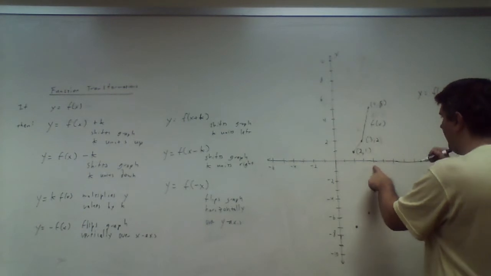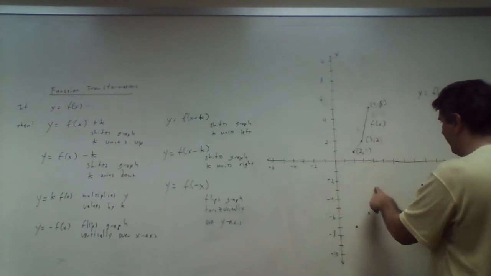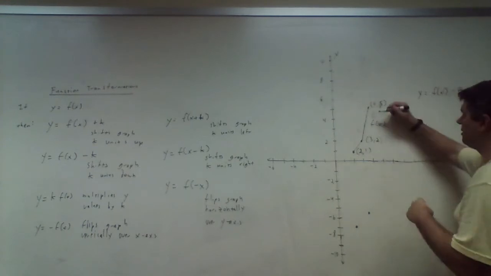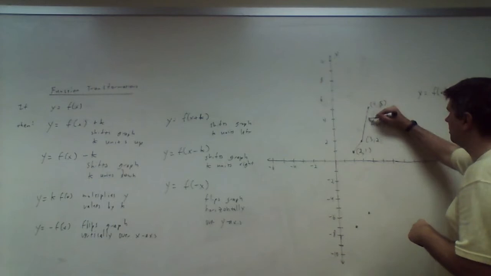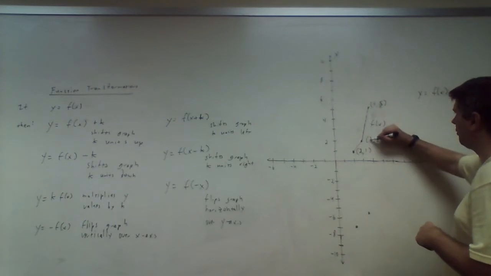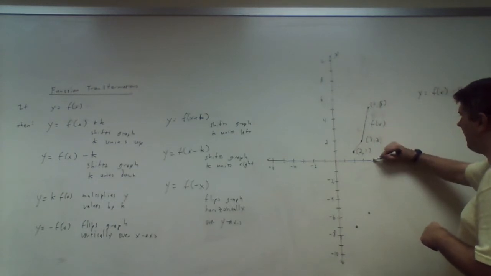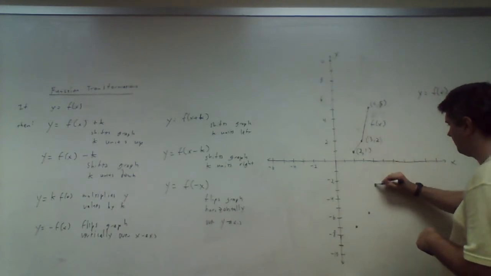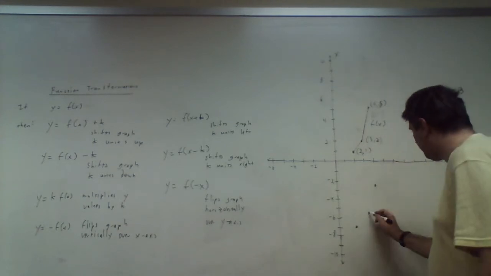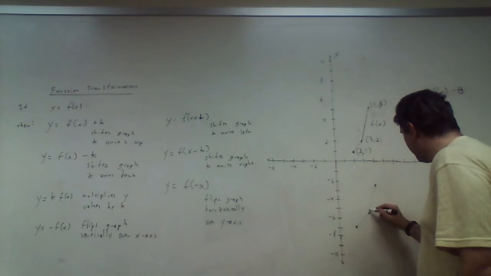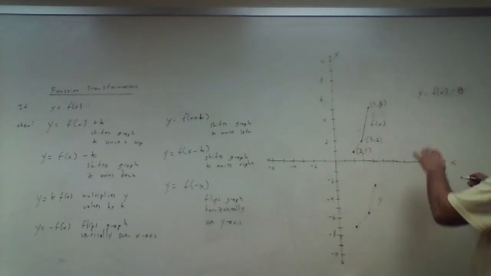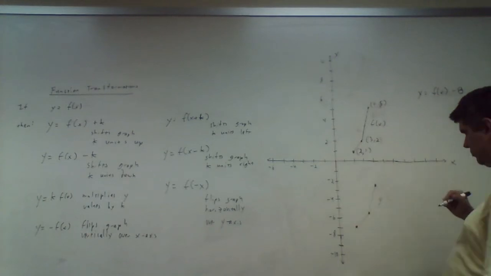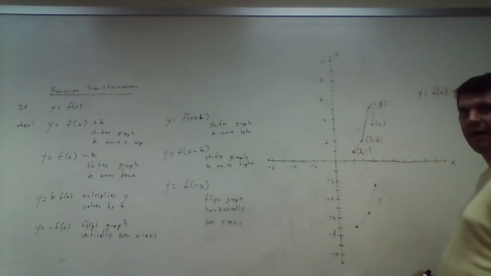Let's try that again. We're going down 8 units. So 1, 2, 3, 4, 5, 6, 7, 8. Okay, and we have a line. So that's my new y, with all of these moved down 8 units.